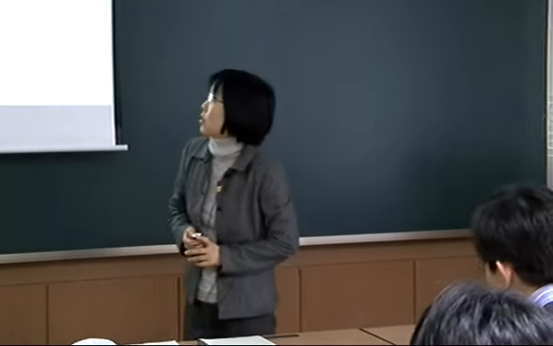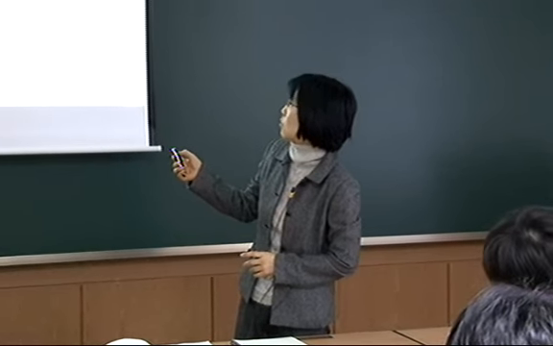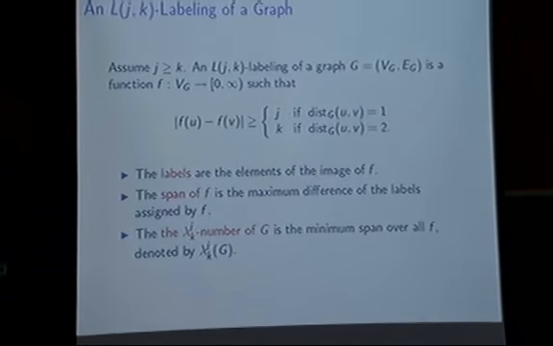Okay, this is L(j,k) labeling of direct products of complete graphs. So let me introduce what L(j,k) labeling is.